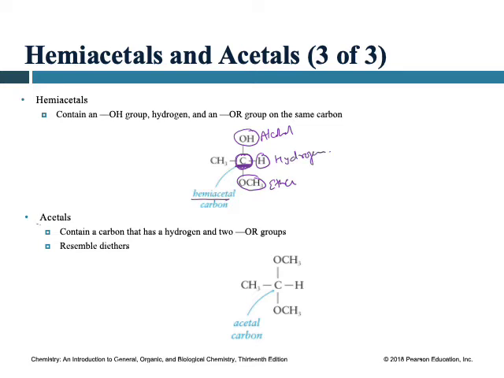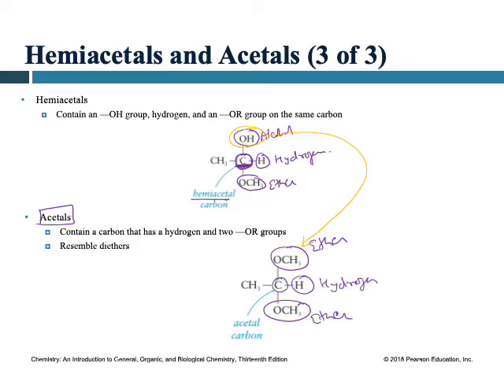Whereas in acetal, the OH group is replaced by another ether group. That's the only difference. If you compare this part with this part, the OH is replaced by an ether group, and you have one more ether, and the third one is hydrogen, and the carbon that contains all three groups is called the acetal carbon, and the entire group is called acetal.